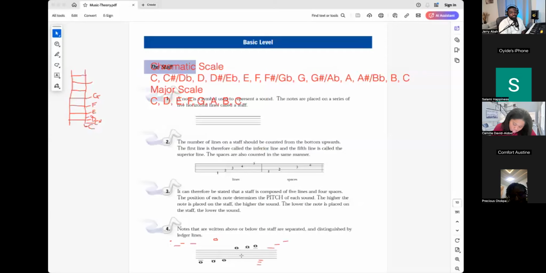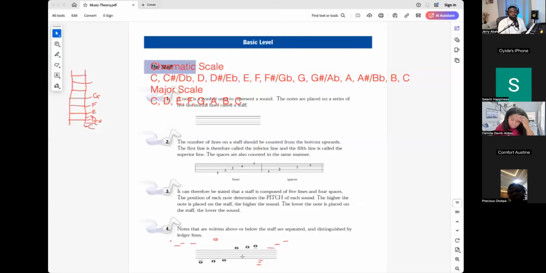And on these ledger lines, you can actually draw a note. You can put a musical note on top of these ledger lines. All right? So when you place your notes on these ledger lines, it helps you to capture the extra range of your voice that did not fit into the 5 lines and the 4 spaces.